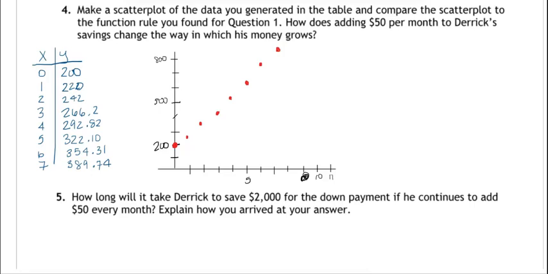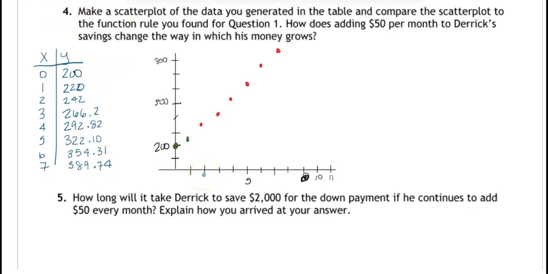So we both start at the same exact initial 200. At month 1, we're here at 220. Then month 2, we're here at 242. Month 3, 266.2. Month 4, 292.82. So you can see we're getting higher and higher, but is it going at a higher rate?